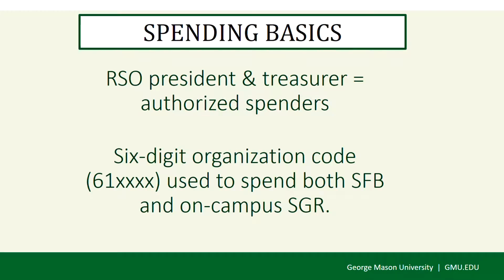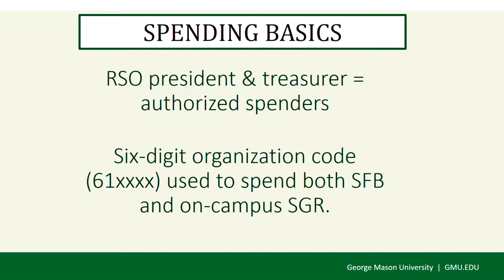Second, your RSO will be assigned a 6-digit organization code, also referred to as the account number, that starts with 61, with the last 4 digits unique to your RSO. This organization code, or code for short, will be used by your RSO to spend both its SFB funding and on-campus self-generated revenue.